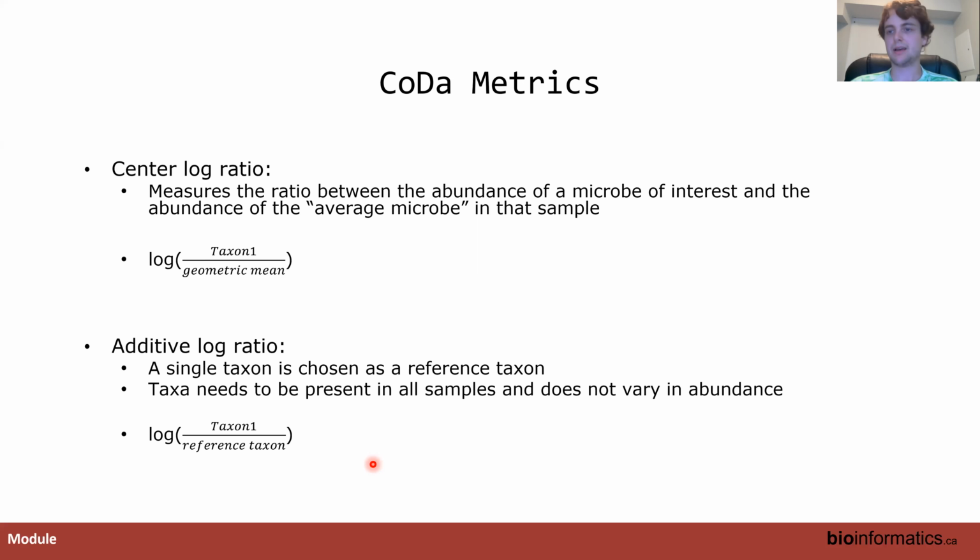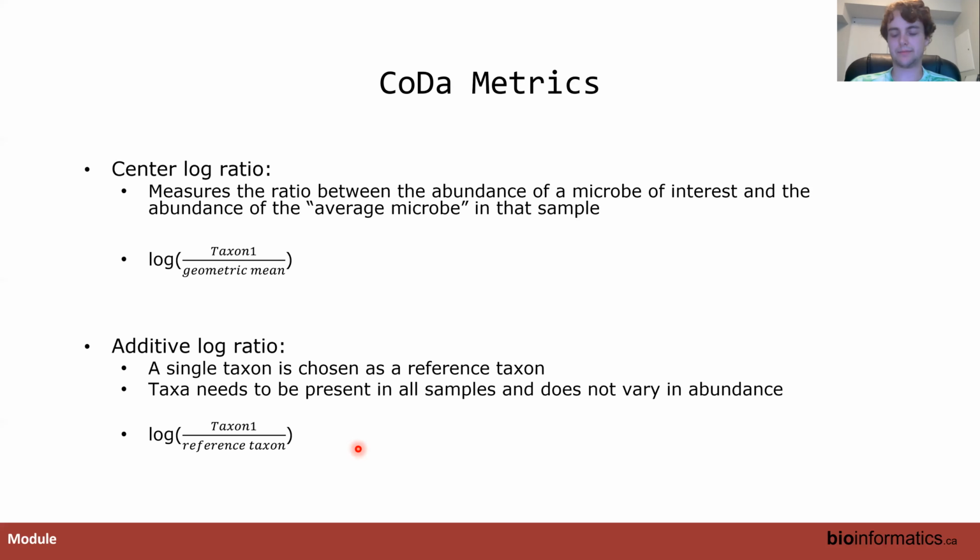This is important because if you know that this taxon is always present in a sample and at generally around the same number of cells, you can then compare the read counts of other microbes in that sample, to see whether there are more of that microbe compared to your reference taxon, or less. And because your reference taxon doesn't change in abundance, you can then compare these across the samples of interest. The formula for this metric is also shown here in the slide.